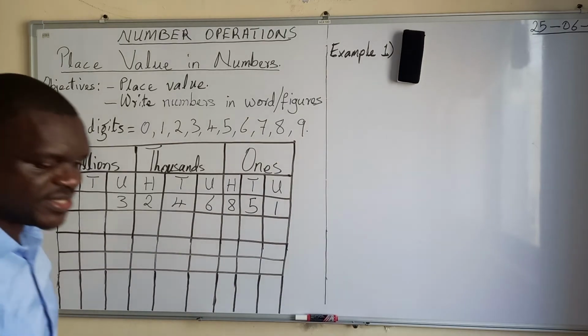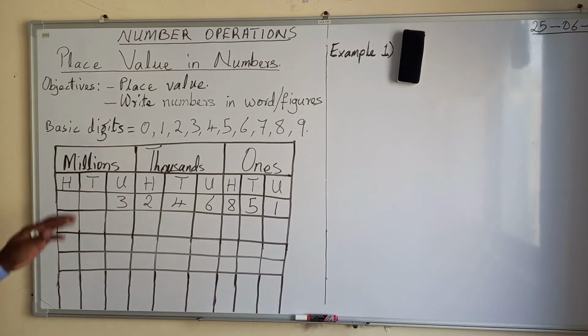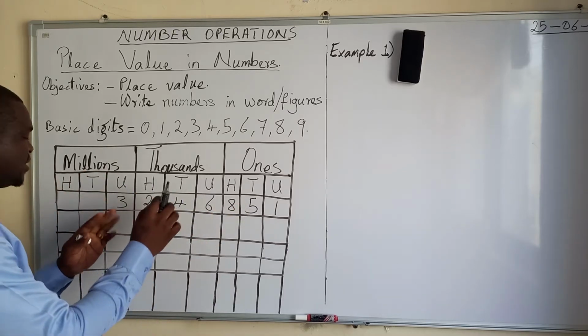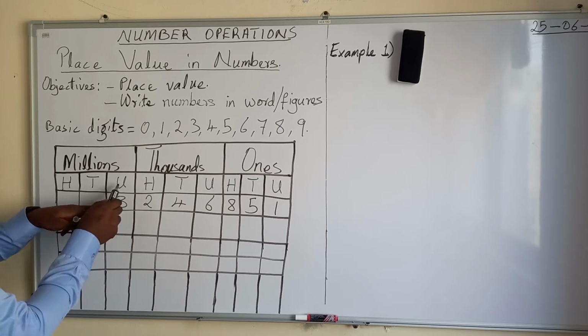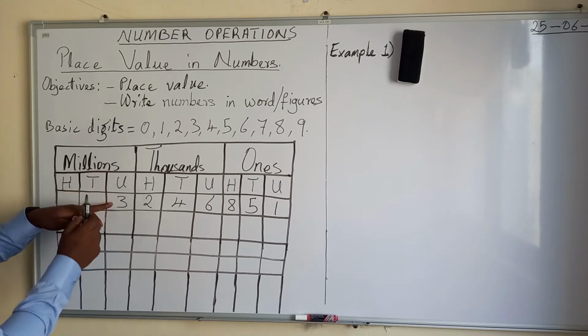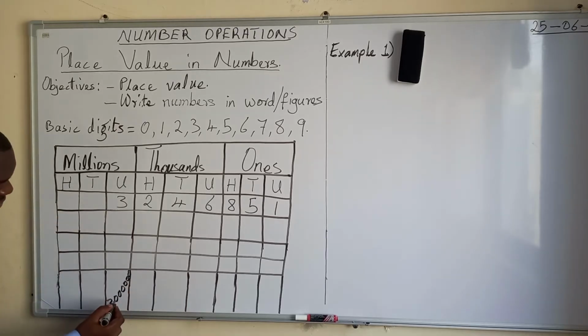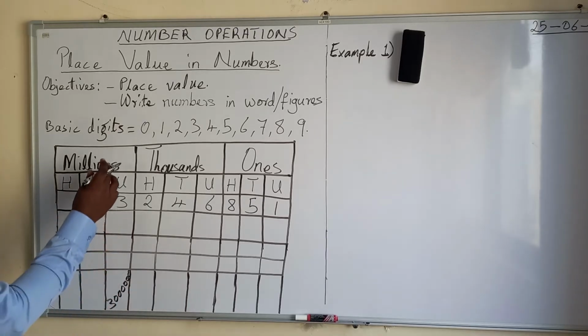How do we do this? Let's look at it carefully. What will be the place value of 3 in this number? To identify the place value of 3, you look at 3 under units and under million. So 3 means 3 million. Place value of 3 is 3 million.